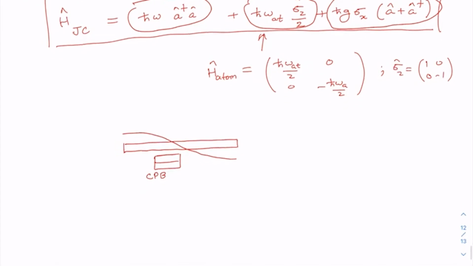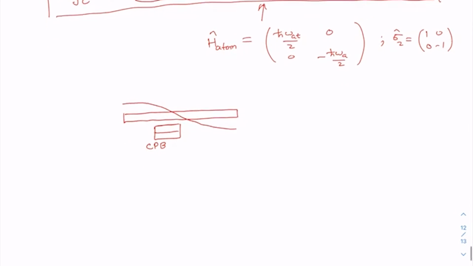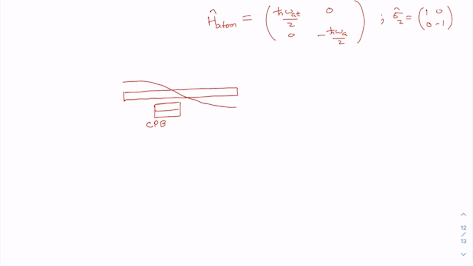The coupling between this Cooper pair box and the microwave field mode, and the strength of this coupling parameter, or its frequency z, depends on where we put the Cooper pair box or two-level system on the transmission line, so it is completely dependent on the geometry.